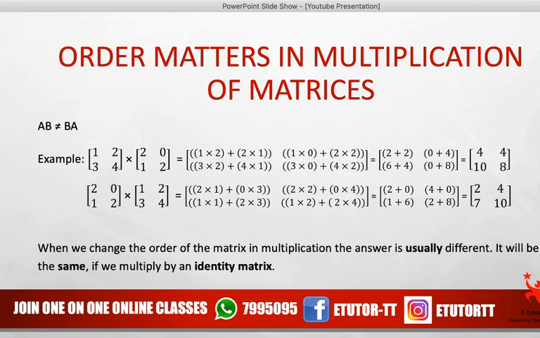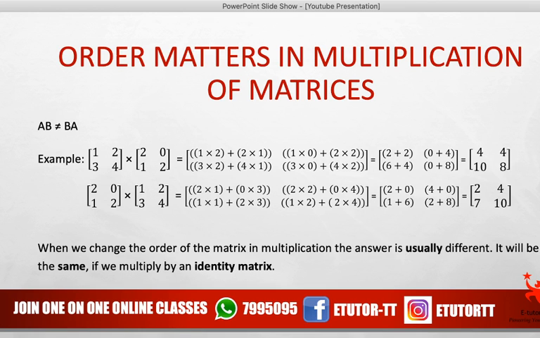When you work that out, we get 2, 4, 7, 10. You see, we got two different matrices for those answers. When we did A times B, we got 4, 4, 10, 8. When we did B times A, we got 2, 4, 7, 10. So you see, AB is not equal to BA.